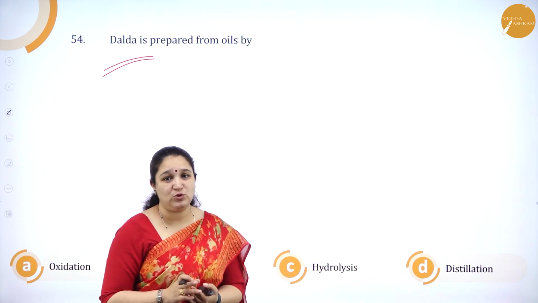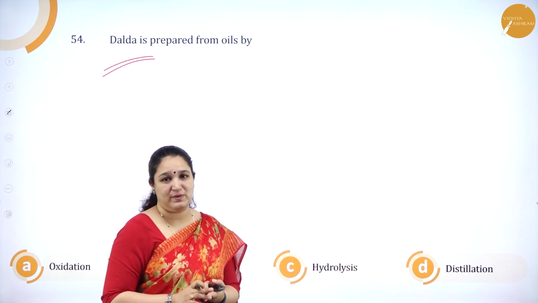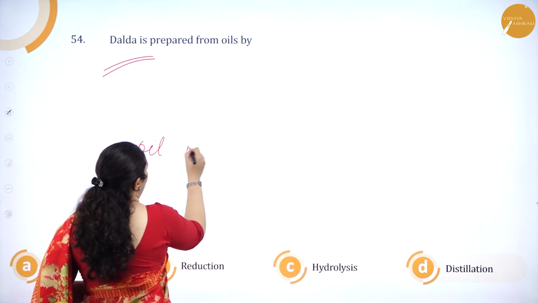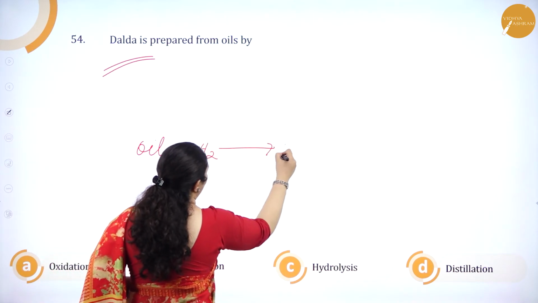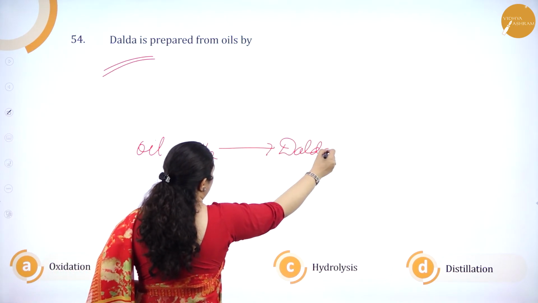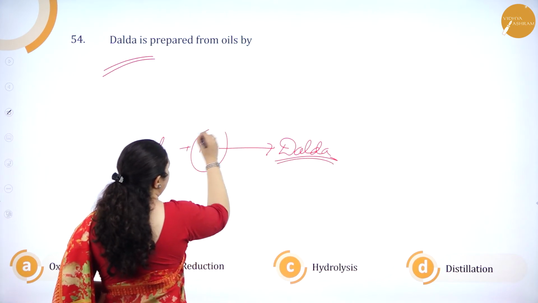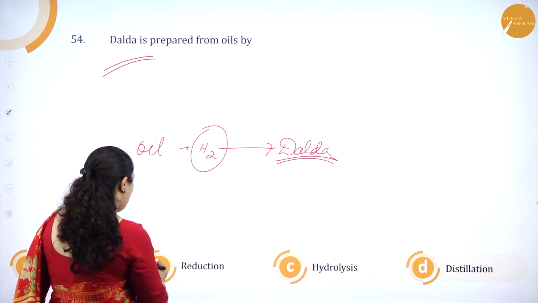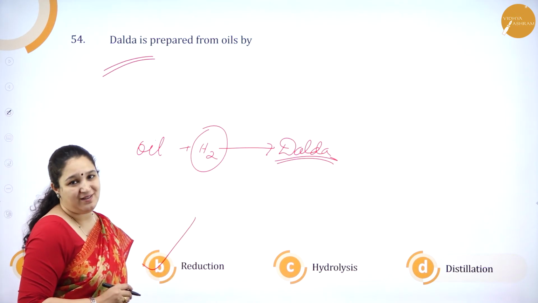So hydrogenation has to take place. Hydrogenation of oil gives you dalda. And hydrogenation means adding hydrogen, which is nothing but a reduction reaction. So option B is the correct answer.